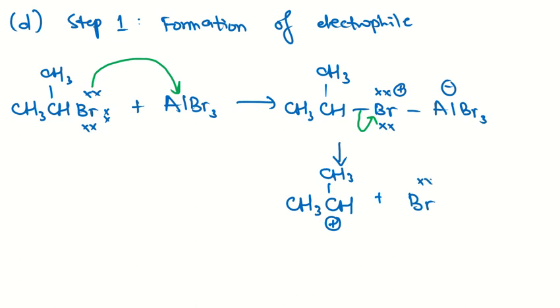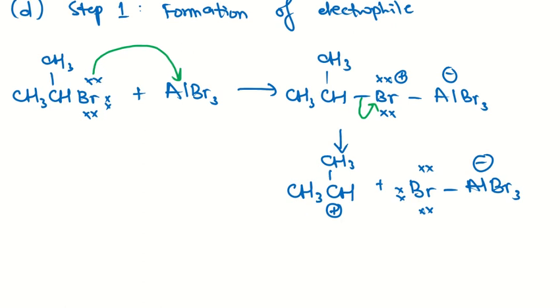So I'm just drawing according to what I did here. That's for step 1. Okay, electrophile is the carbocation. So next, let's proceed to step number 2, which is formation of arenium ion.